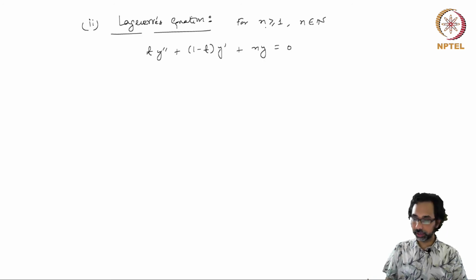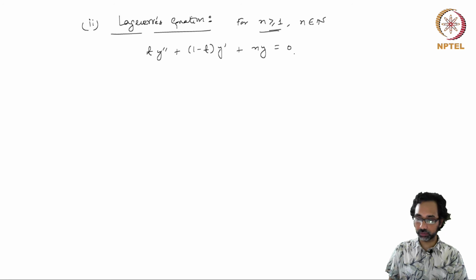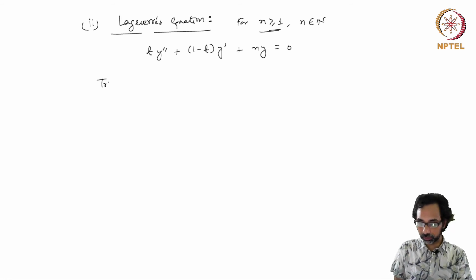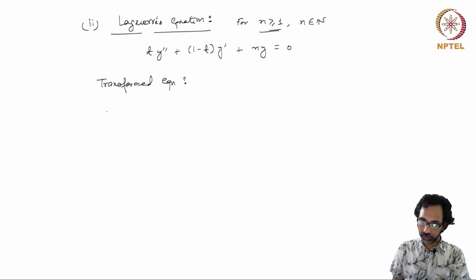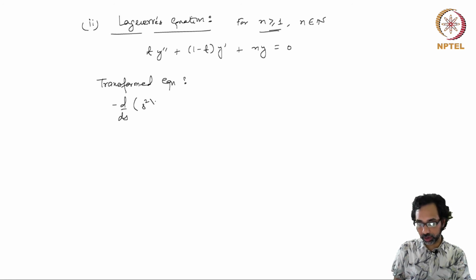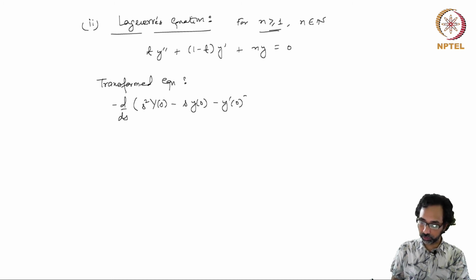This is given for any positive integer n greater than or equal to 1 by the differential equation t y double prime plus (1 minus t) y prime plus n y equals 0. So let's look at the transformed equation taking Laplace transforms. So the first term is again minus d over ds of (s square Y(s) minus s y(0) minus y prime(0)).